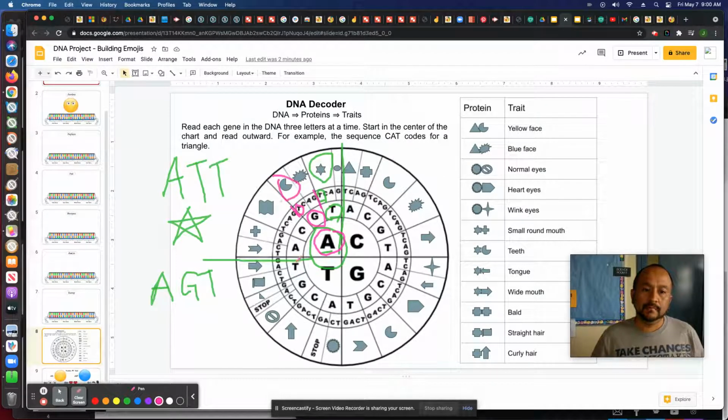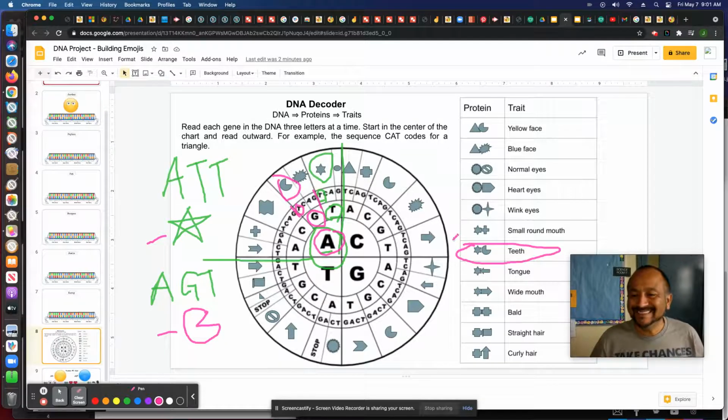And we have the Pac-Man looking protein molecule. So we have the star and the Pac-Man. Star comes first. There's the star, and there's the Pac-Man, and it looks like Jordan will have teeth showing on that. That will be his trait.